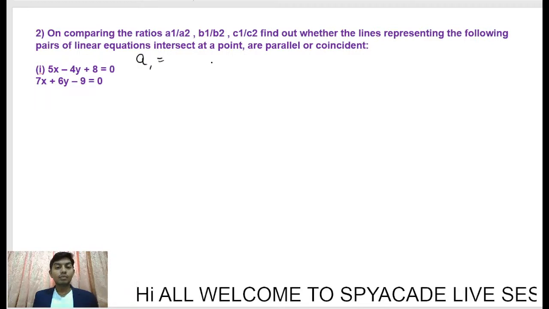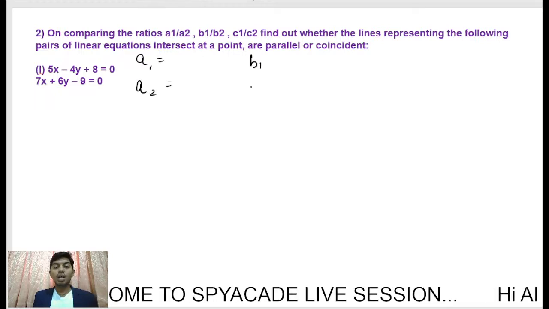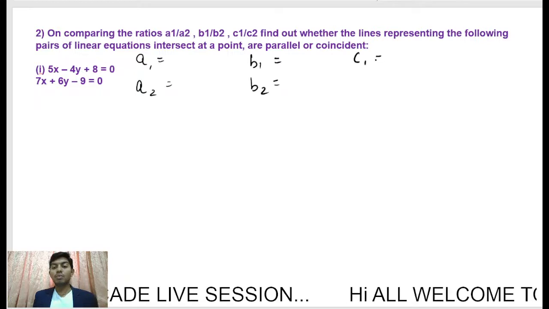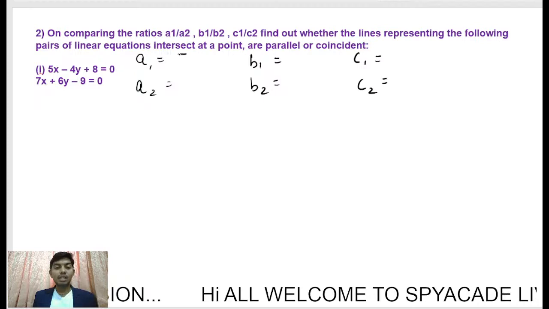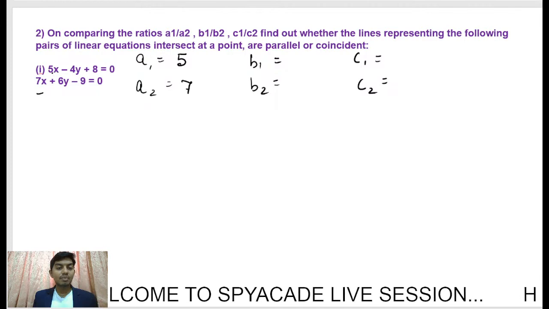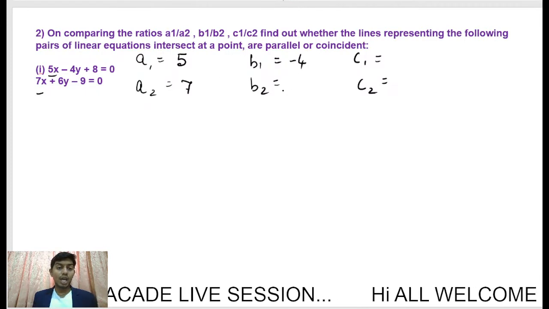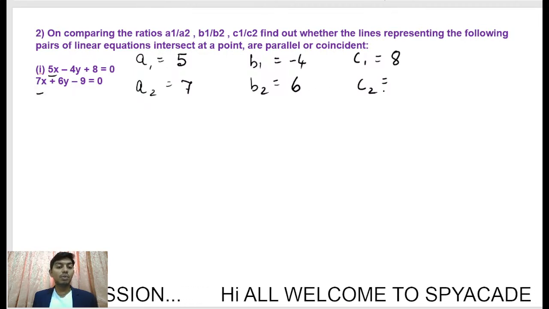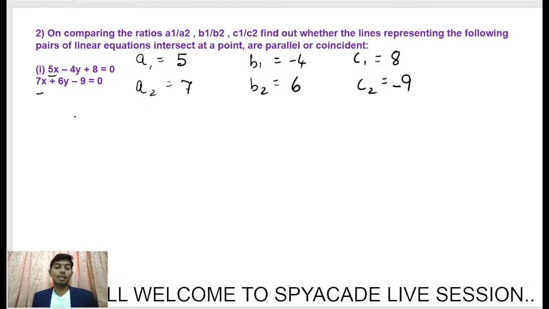So just think what is going to be the value of A1 and then A2, same way B1 and B2, and then C1 and C2. A1 is going to be 5 and then A2 is going to be 7. See, the first term, the coefficient of x. Then B1 is going to be minus 4 and B2 is going to be 6, C1 is going to be 8 and C2 is minus 9, right?